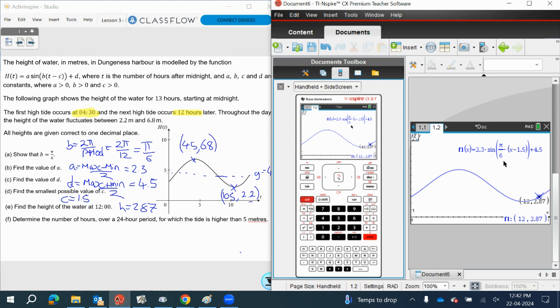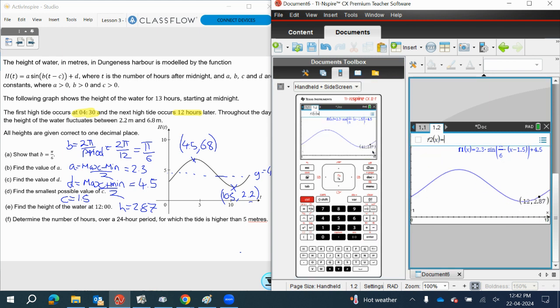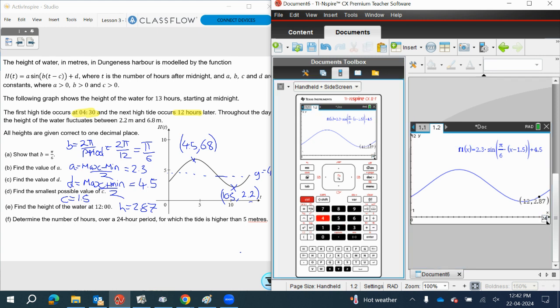Determine the number of hours over the 24-hour period for which the tide will be higher than 5 meters. This graph is only shown up to 13, so I want to have this go up to 24. I want to add the line 5 meters.